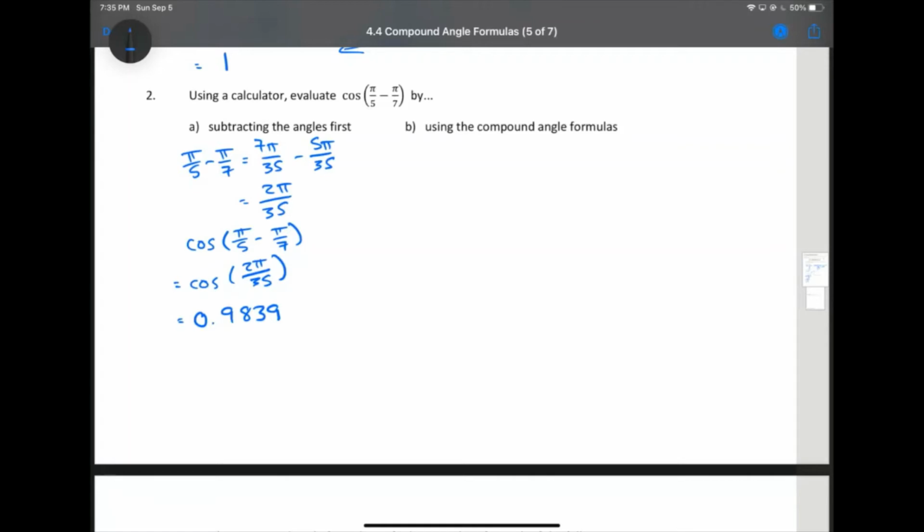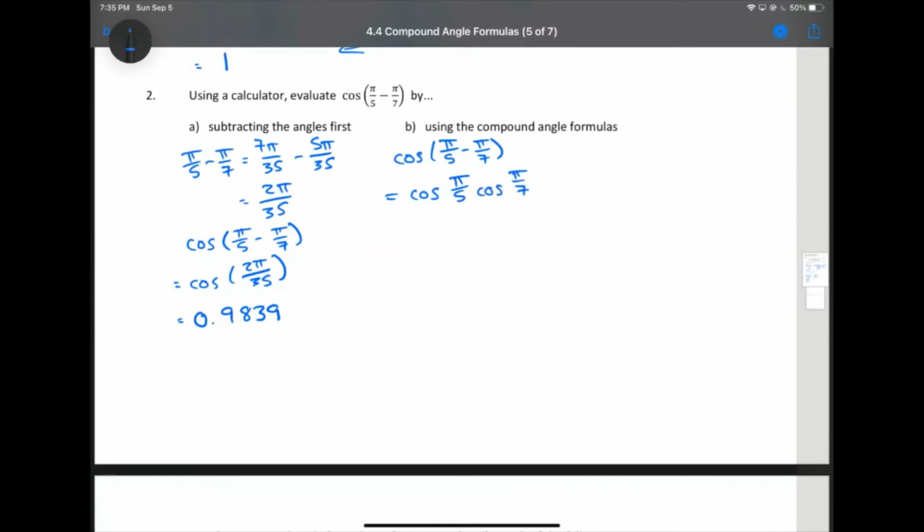Now if we use the compound angle formula, we're doing the cos of 2 angles, subtracting them. So that means we want to use our difference of 2 things with the cos equation. And the formula for that says cos of the first angle, cos of the second angle.